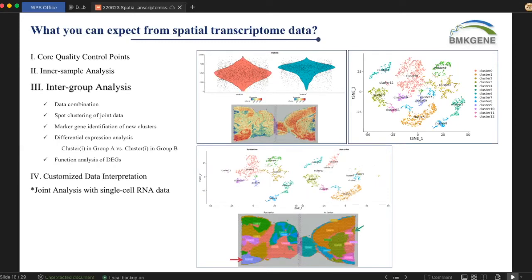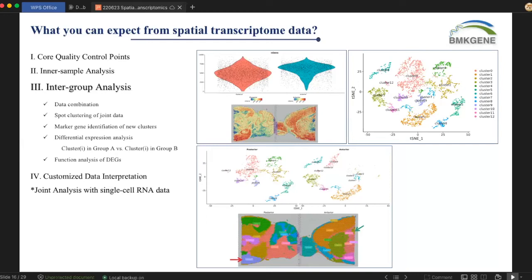So they will have the spots from two samples, and once they are reclustered and aligned back onto the slides, you will see, as in the green arrows, common clusters sitting in different positions, for sure, because there are no strict repeats in terms of spatial position. But you can still find these common clusters, and they also have these unique clusters here.